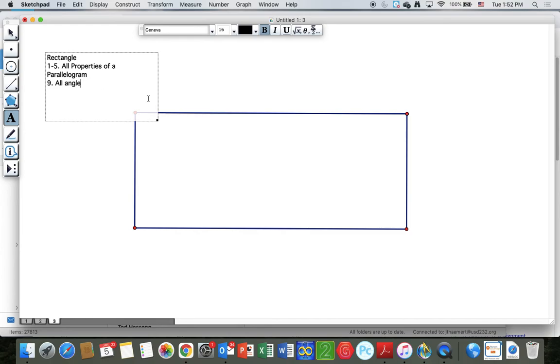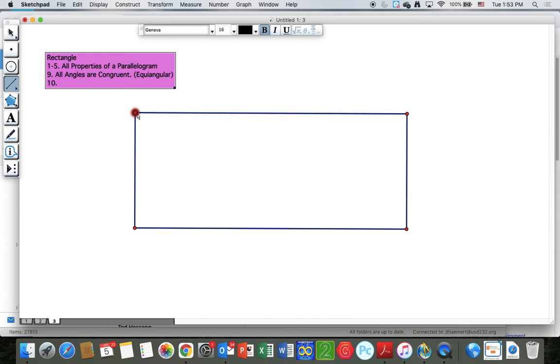So before we had all sides congruent for a rhombus, but for a rectangle all angles are congruent, and that's called an equiangular quadrilateral.